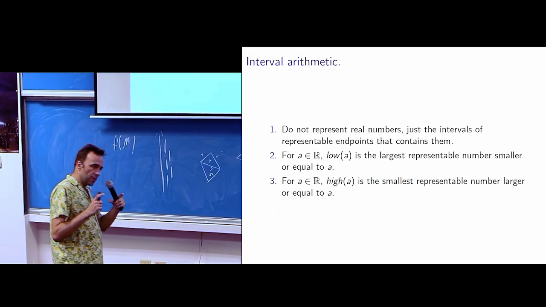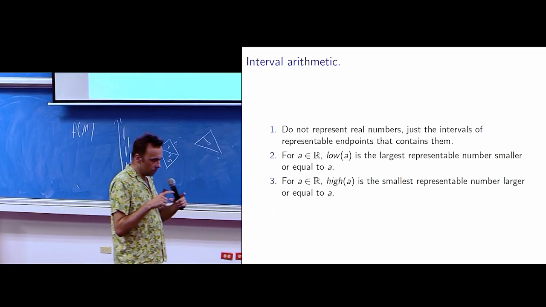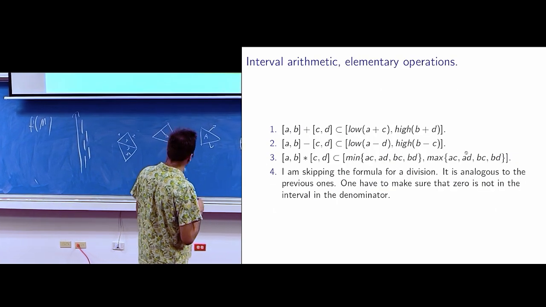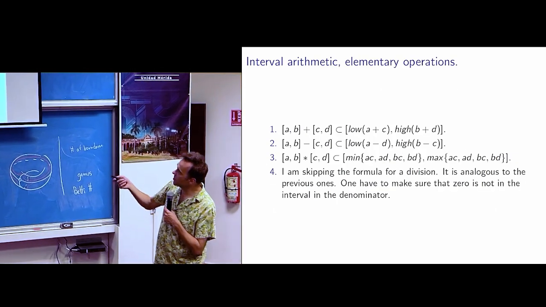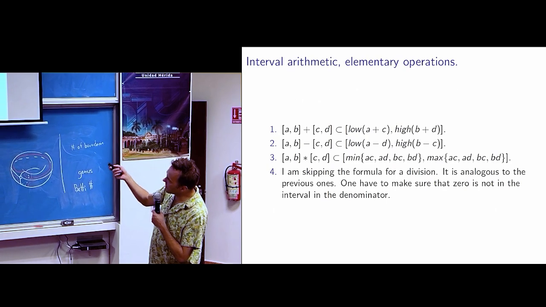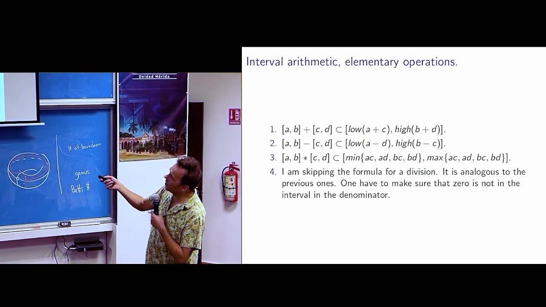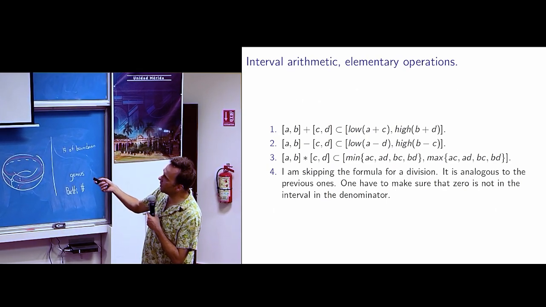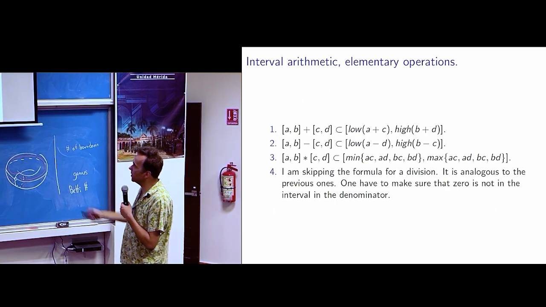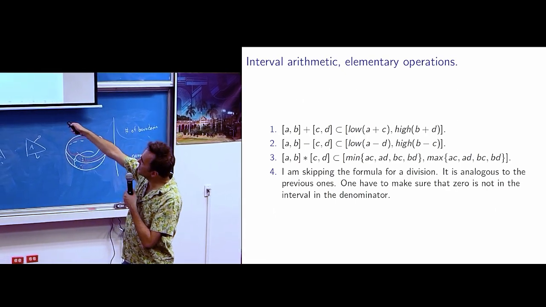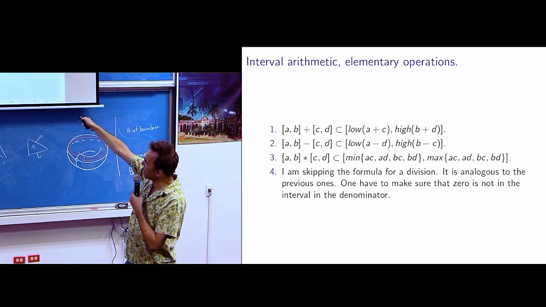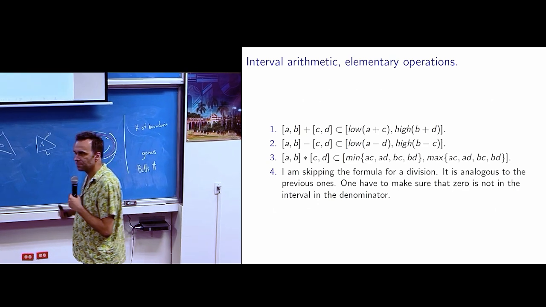We can do the arithmetic computations in a way that ensures that the results of the computation enclose the true result. So if I take any x between a and b and any y between c and d, then the result should be over there.